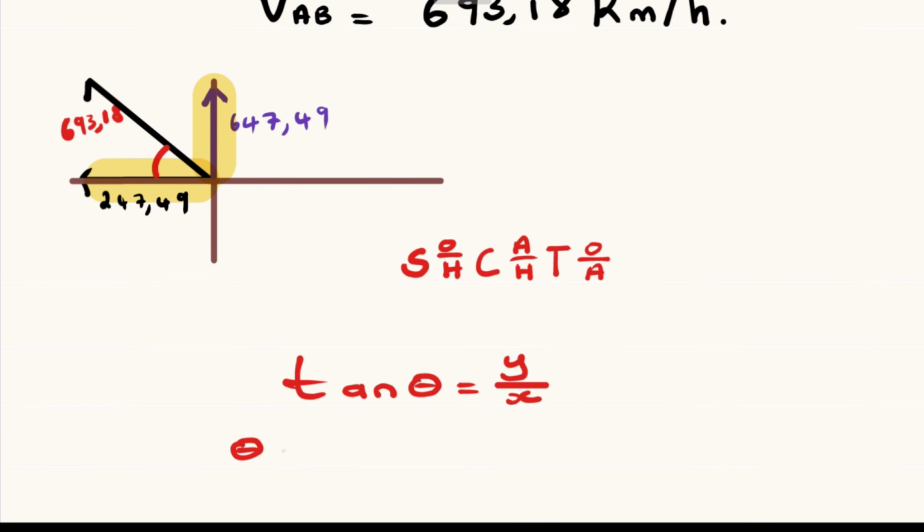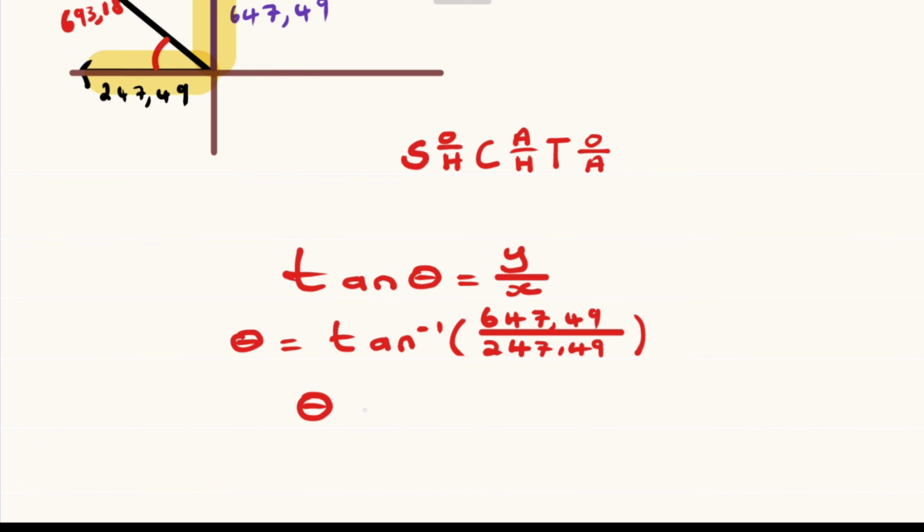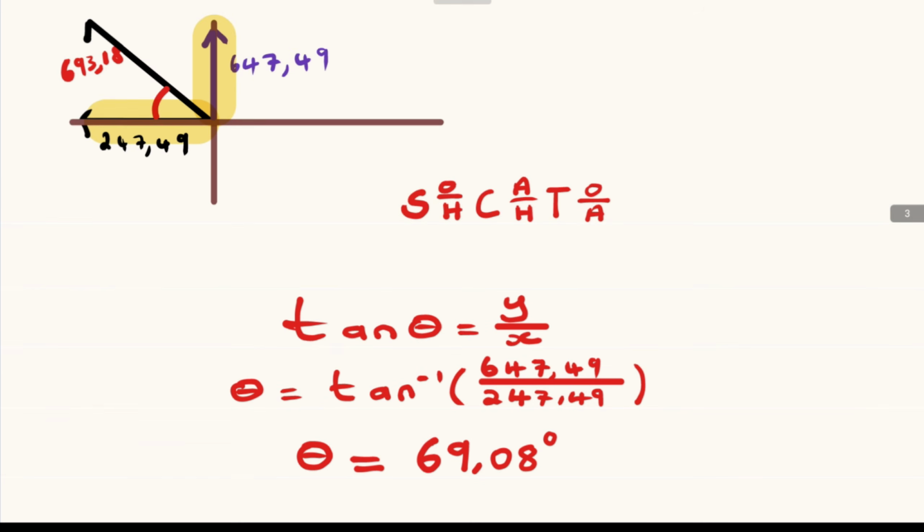So theta will be equal to the arctan of the opposite, which was y, the 647.49, divided by the adjacent, the x, the 247.49. And our theta will be equal to 69.08 degrees.